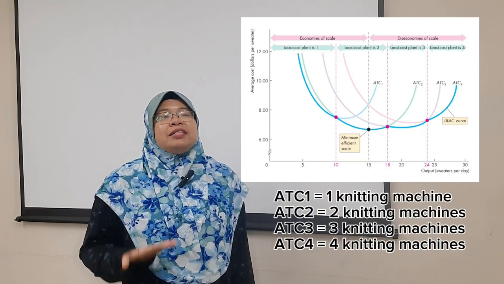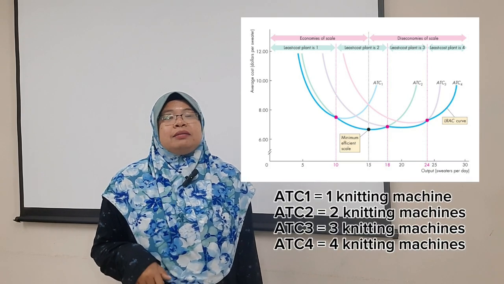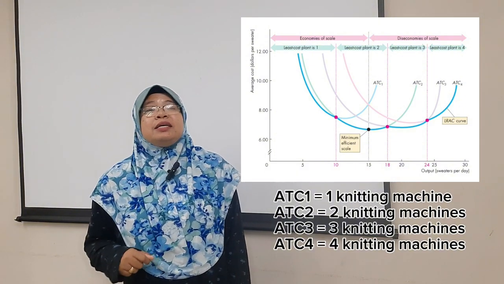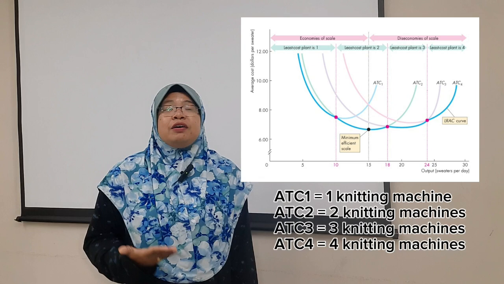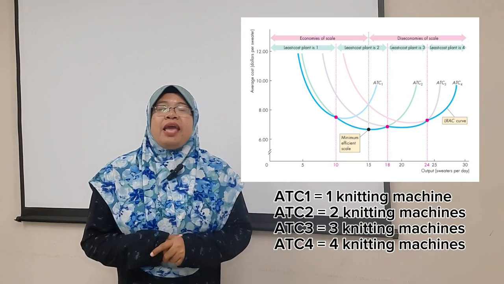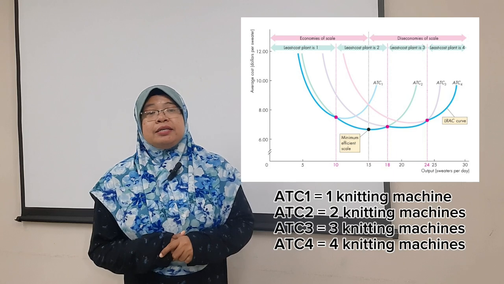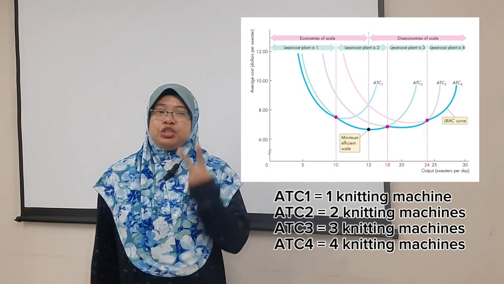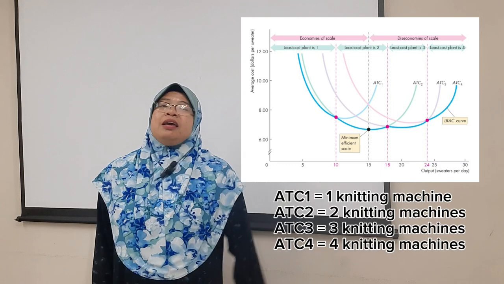Okay, ATC 1, average total cost 1, is the average total cost curve for a plant with 1 knitting machine. ATC 2 is the average total cost curve for a plant with 2 knitting machines.